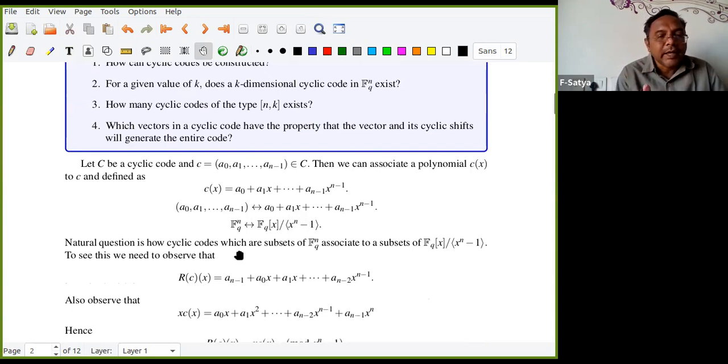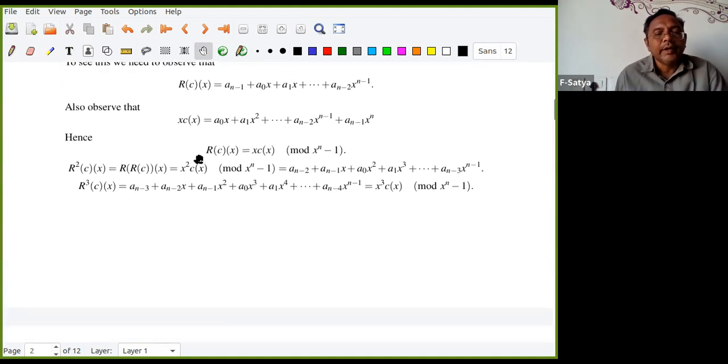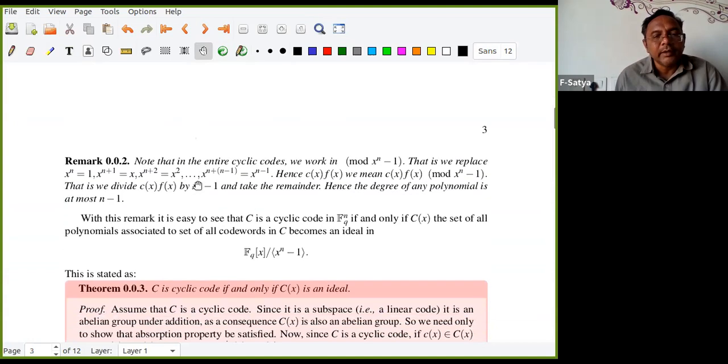I take a length n vector and convert it into F_q[x], of degree at most n minus 1. But something extra happens when you shift it. It is a cyclic code, then the polynomials available here, the image of C, behave very nicely. To understand that, I'll give one small remark.